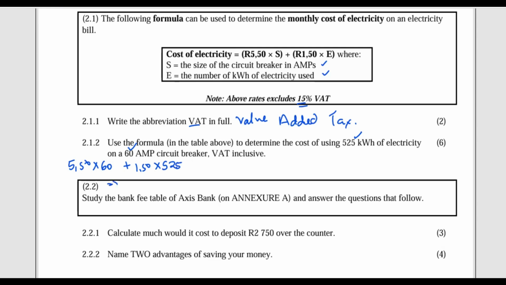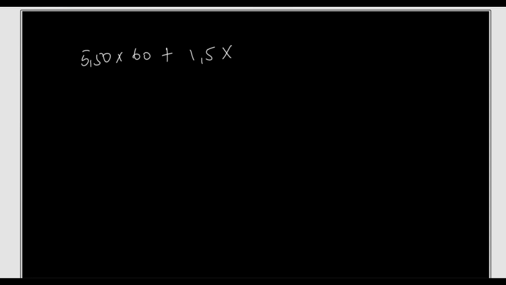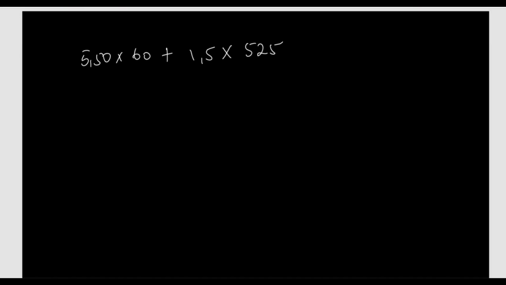When I multiply 5,50 times 60, I'm getting 330.